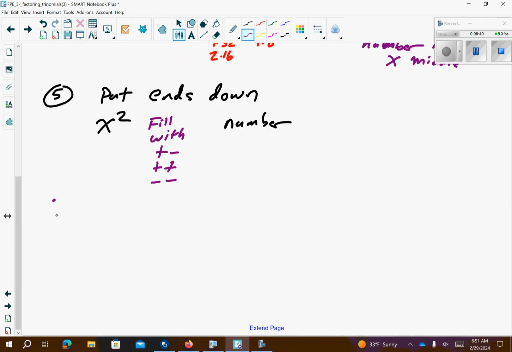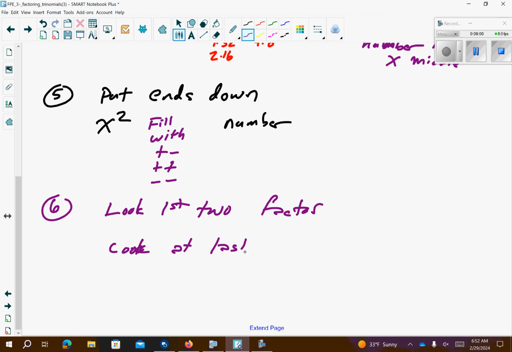From there, look at the first two terms and factor. Look at the last two and factor. And then you get your answer.